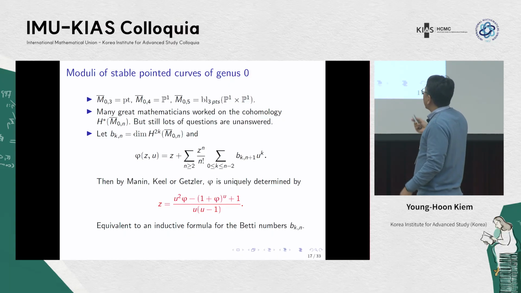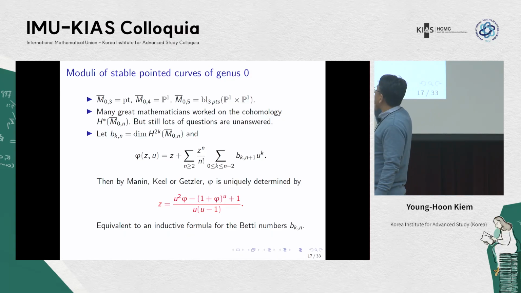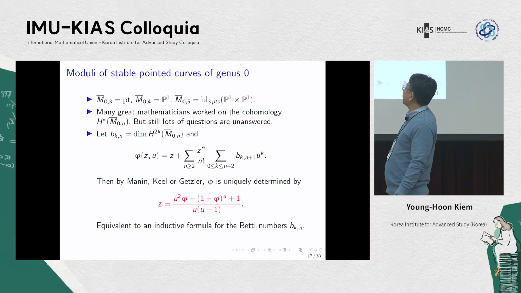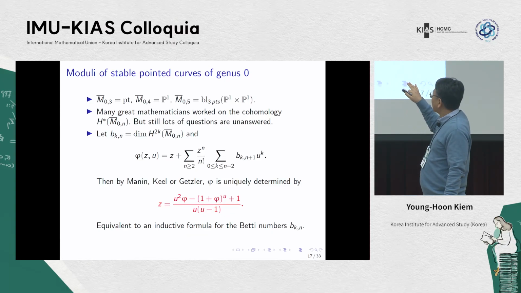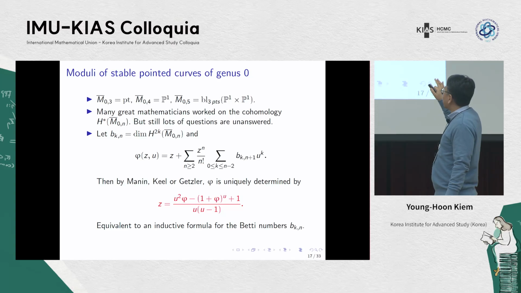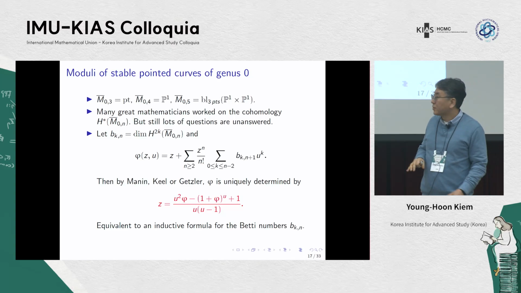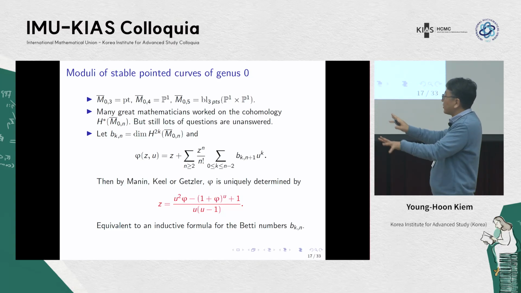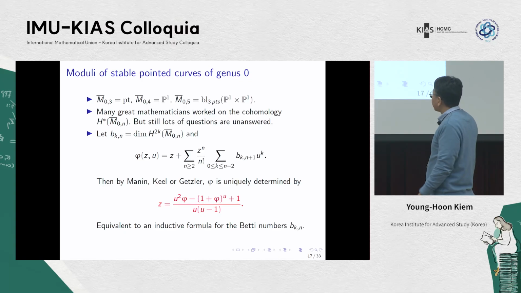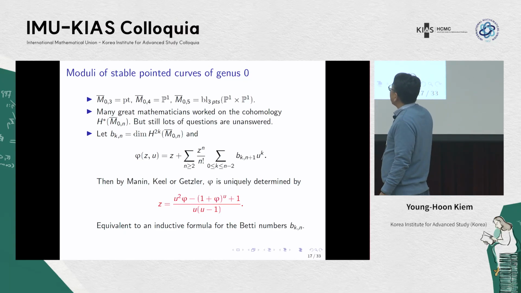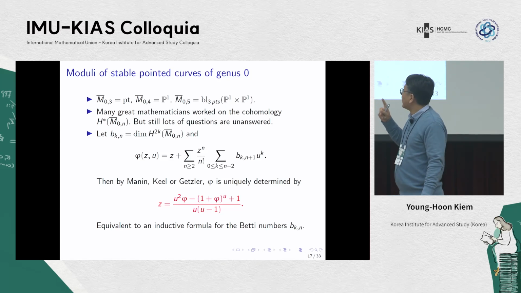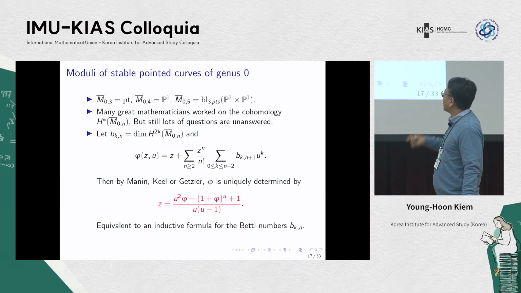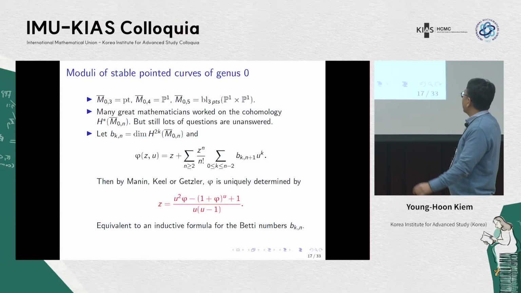Okay, so in the rest of this talk, I'll be interested in the cohomology of M0n bar, especially the dimension of the cohomologies. The 2k-th cohomology of M0n bar has dimension denoted by b_k,n. So I'm thinking about k-dimensional cells inside M0n bar. So we would want to know these numbers b_k,n, the Betti numbers of the cohomology of M0n bar.